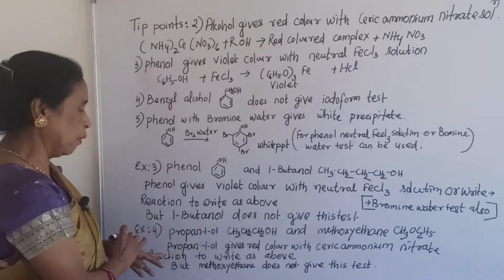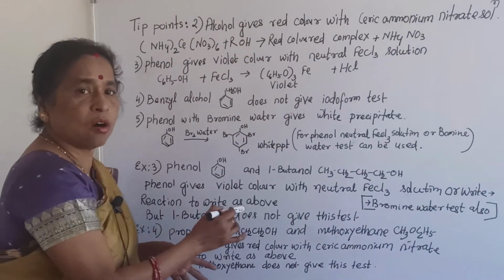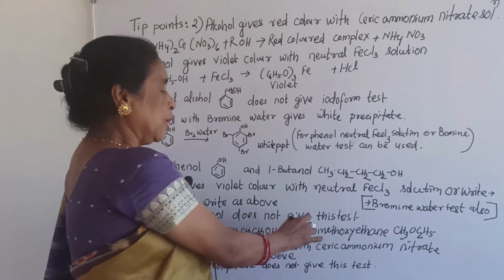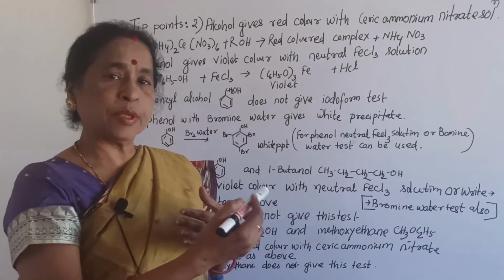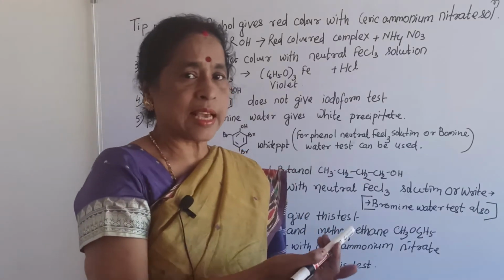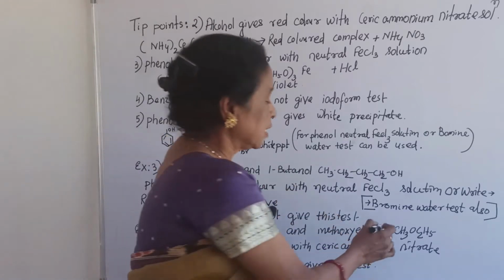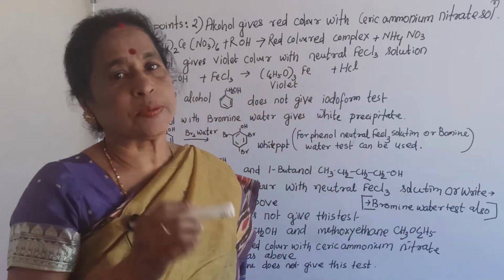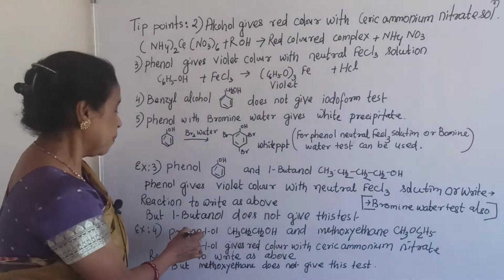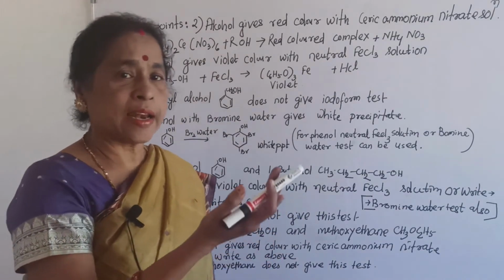Then example 4, propan-1-ol and methoxyethane. What is methoxyethane? That is an ether, with formula CH3OC2H5, and on this side propan-1-ol, which is an alcohol.